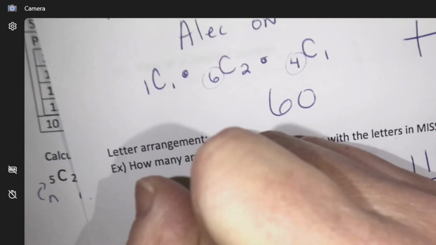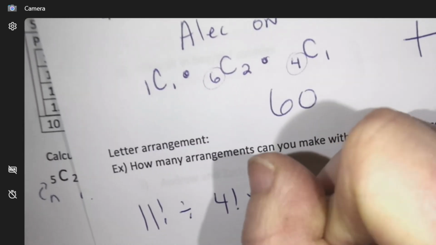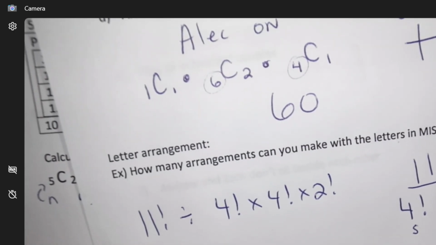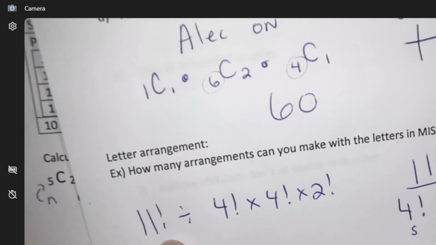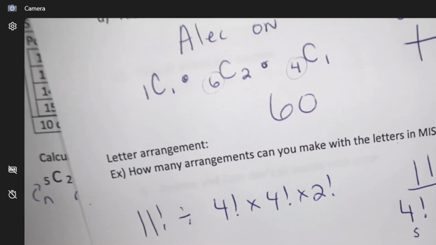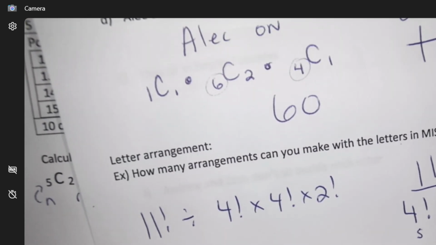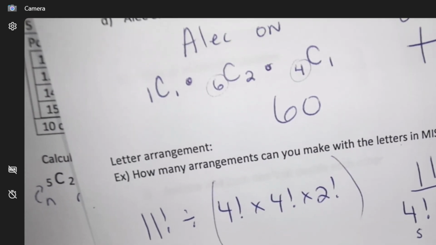Okay, what is wrong with this on my calculator? If somebody typed this in, they're going to get it wrong. Why? What would I do to fix that type? Because this is going to come out wrong as soon as you type it. That's how you fix it.